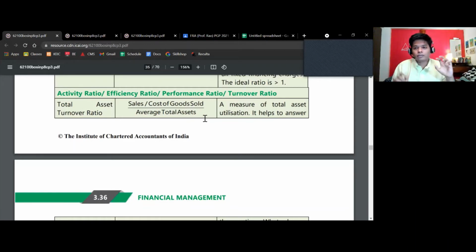Say there are two companies, both have 100 rupees of assets. Now one company is making 800 rupees of sales, one company is making 1500 rupees of sales.